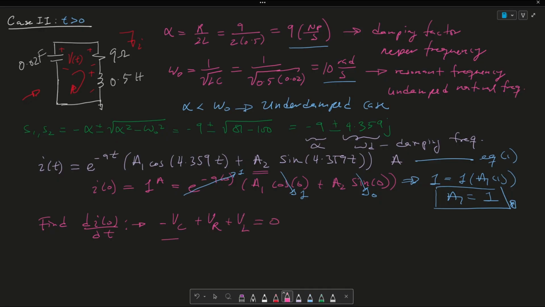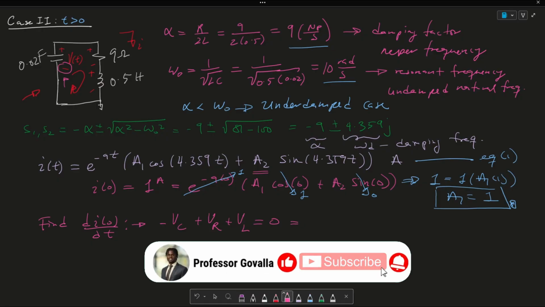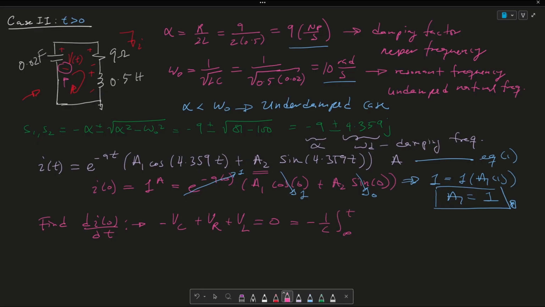And again, this is minus because my current is going into the negative terminal of my voltage VC of t.